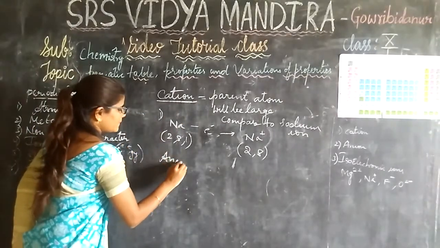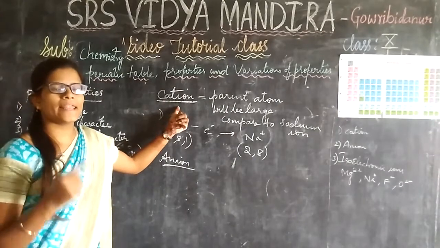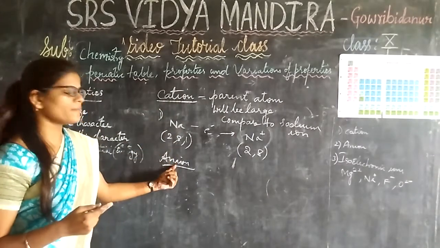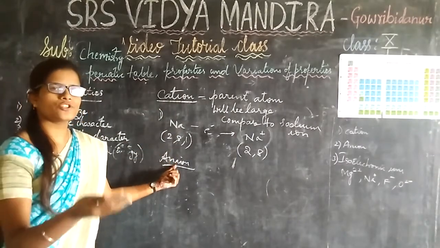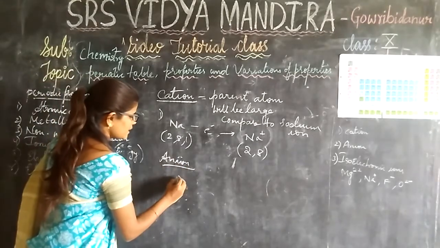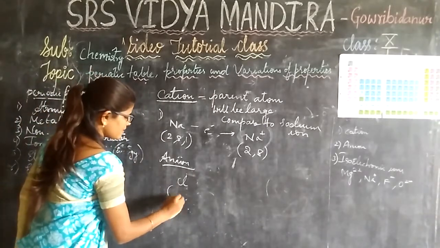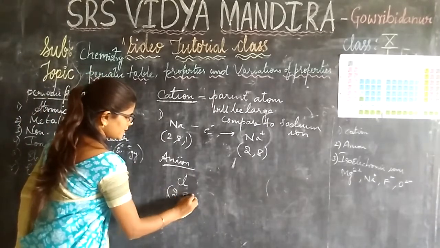Coming to anion. In order to form a cation, an electron should always be lost. In order to form an anion, an electron should always be added. Take the example of chlorine, Cl. It has 17 electrons, 2, 8, 7.